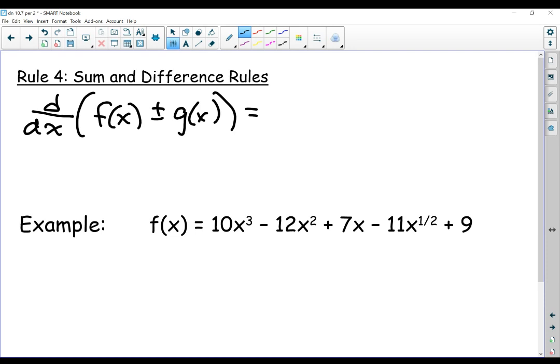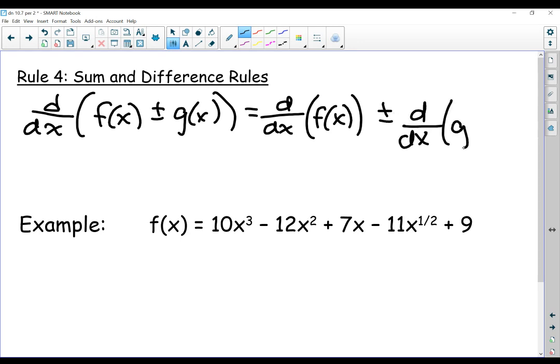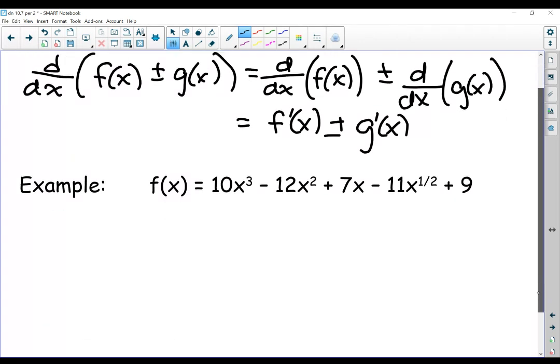So the sum and difference rule says if I have addition and subtraction, I would just take the derivative of each piece and add or subtract those derivatives, which would just be the same thing as saying f prime of x plus or minus g prime of x. It's two different functions.